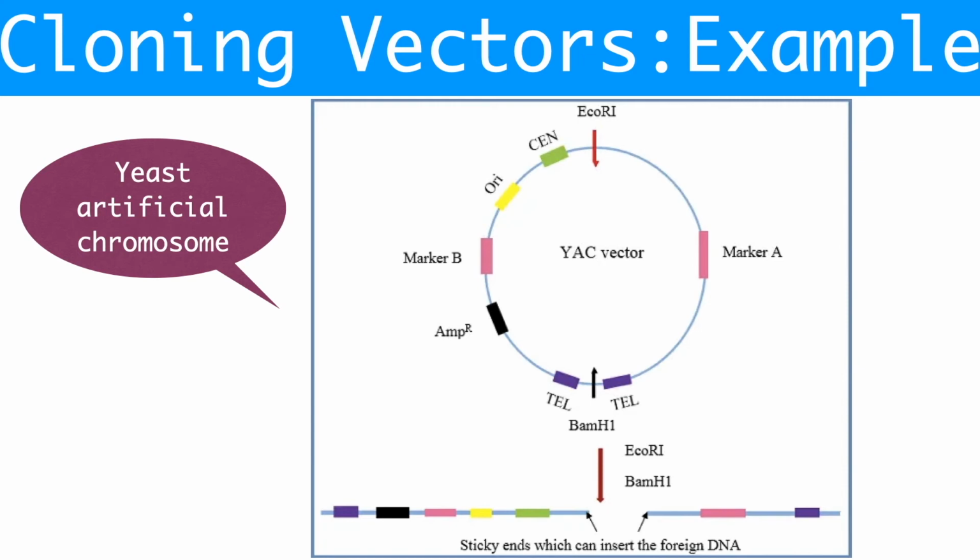So we can insert our gene or DNA of interest there, and we can clone within a specific bacterial cell. So the yeast artificial chromosome is one of the examples of cloning vectors for genes. However, it's not commonly used these days, but it does have a very good historic value for this kind of vectors.